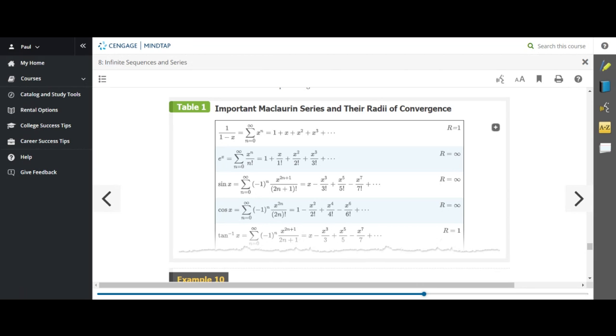Formulas have been created over the years for important Maclaurin series and their radii of convergence. And in the ebook, this is table 1.